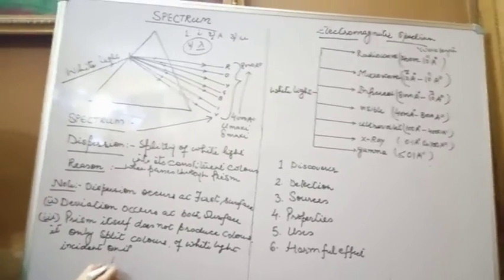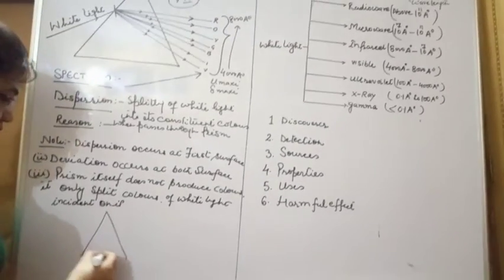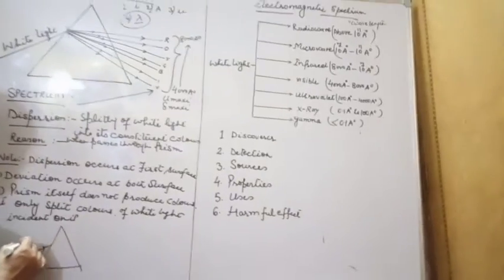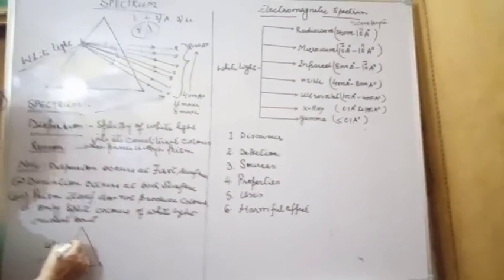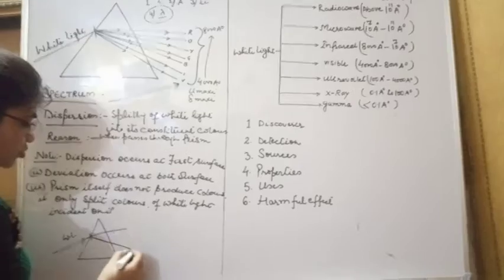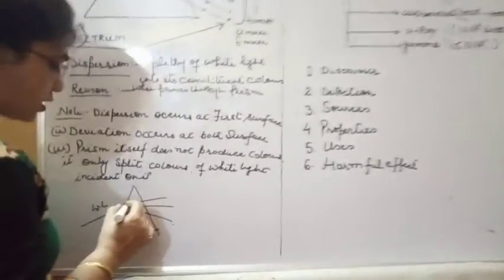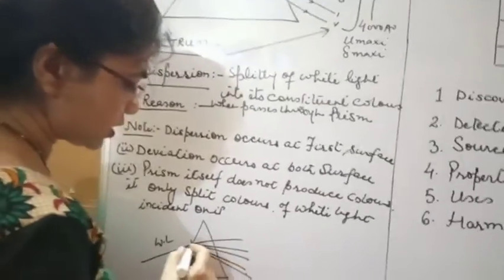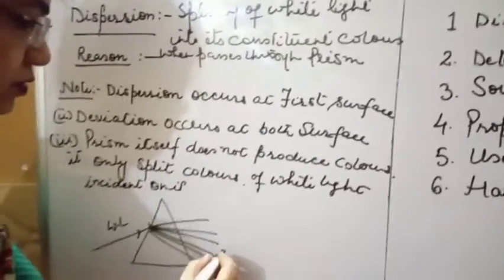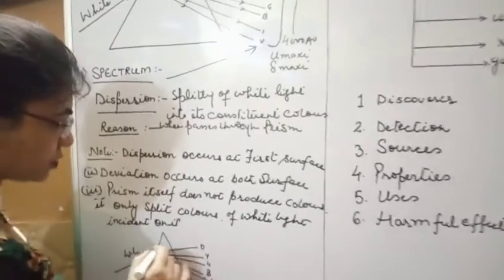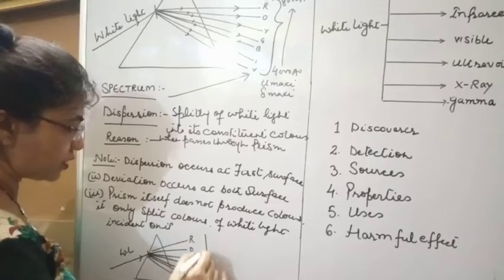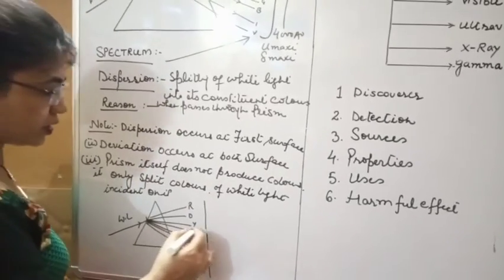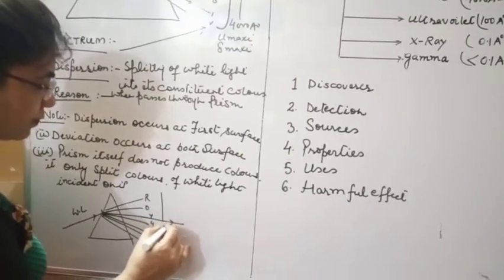What does it mean? If I consider one prism, white light strikes and it will split into its constituent colors, 7 colors. I just consider VIBGYOR and red. After that I will keep one slit in which only yellow color will pass.